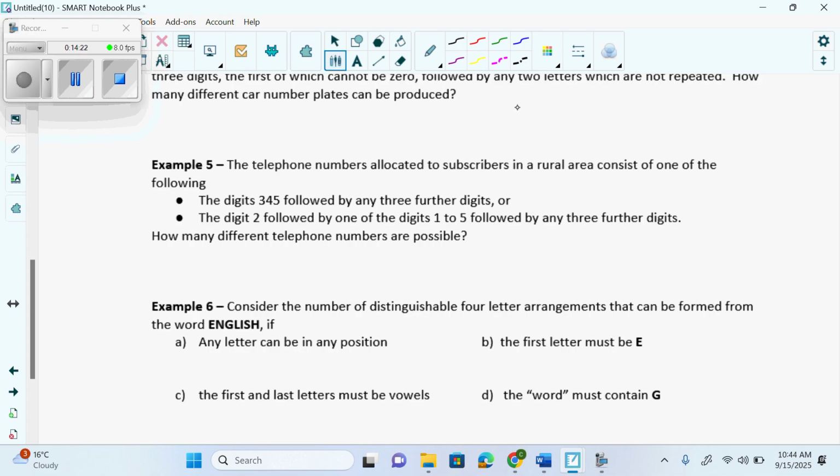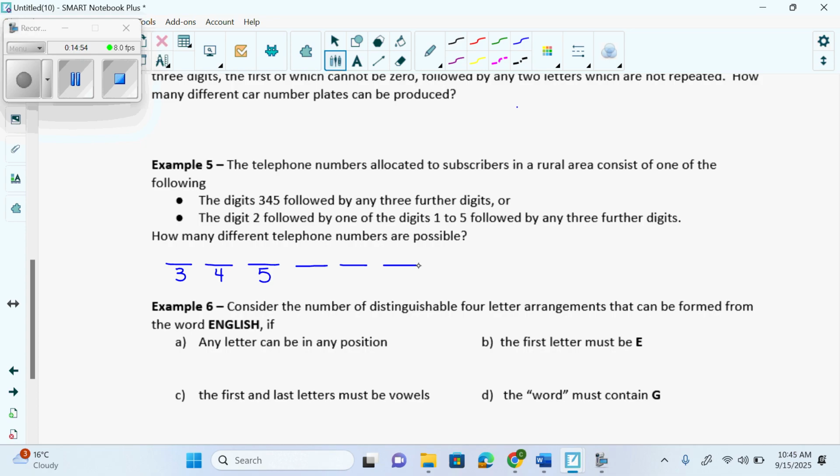So it says the digits 3, 4, 5. So the digits 3, 4, 5. So what option do I have for this first one? 3, then 4, then 5. So the digits 3, 4, 5, followed by any 3 further digits. So if they can be anything, what can they be? 0 to 9.